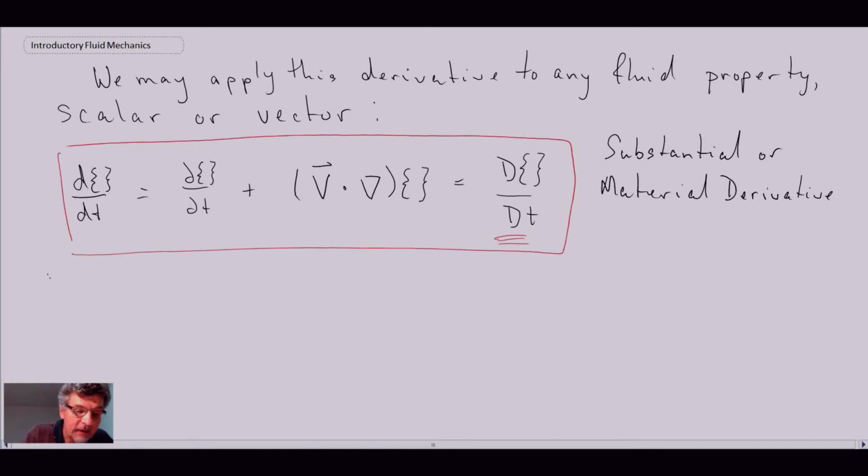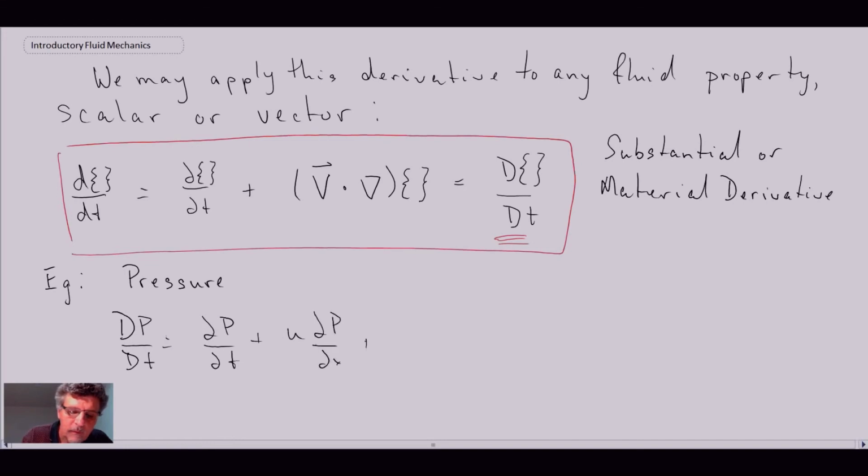So for example, let's say you're wanting to compute the value for pressure. If you're looking to compute the value for pressure, that would be applying the substantial or material derivative to the scalar field pressure.